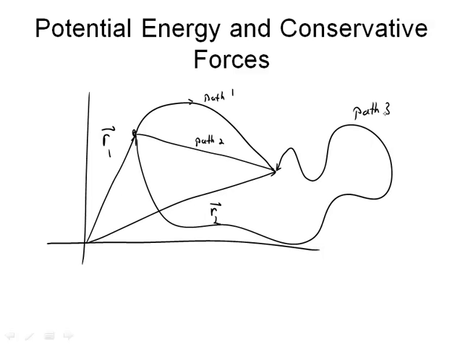And no matter which of these paths the object takes in moving from R1 to R2, the work done in moving from 1 to 2, which is the integral of F, the net force, dotted with the displacement, dr, so we integrate from R1 to R2, will be the same whether it takes path 1, path 2, or path 3.